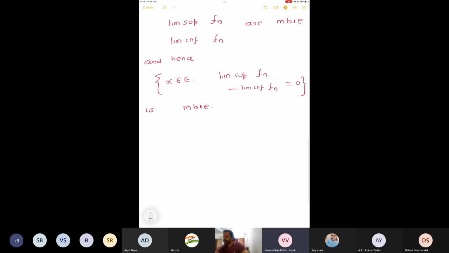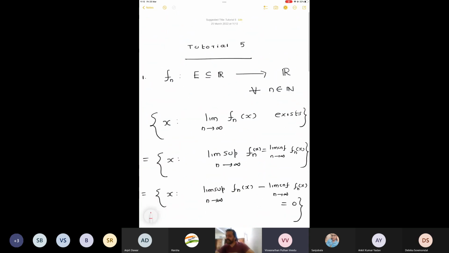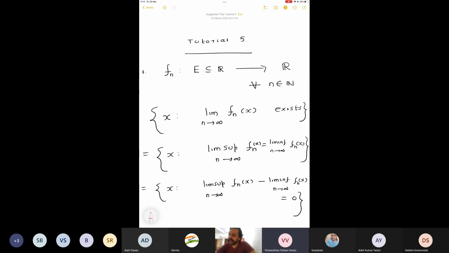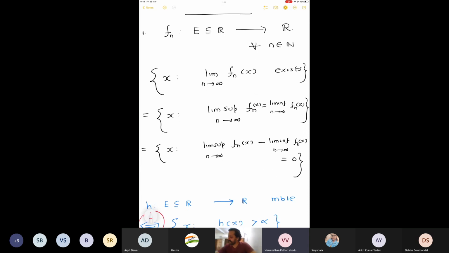Okay. Now, what is the issue if it is extended real valued? I have put the question as extended real valued, but I have to think. Suppose it is an extended real valued function, then lim sup Fn minus lim inf Fn possibly may be the infinity minus infinity case, and in that case I cannot consider this set.